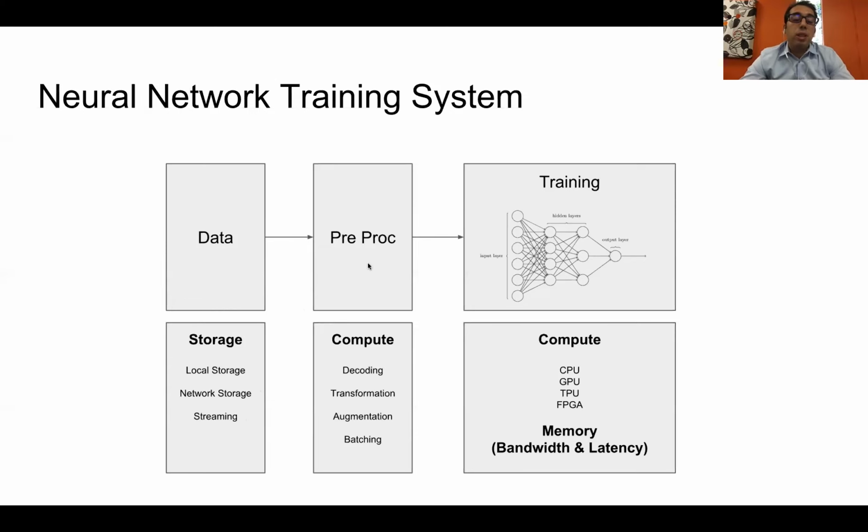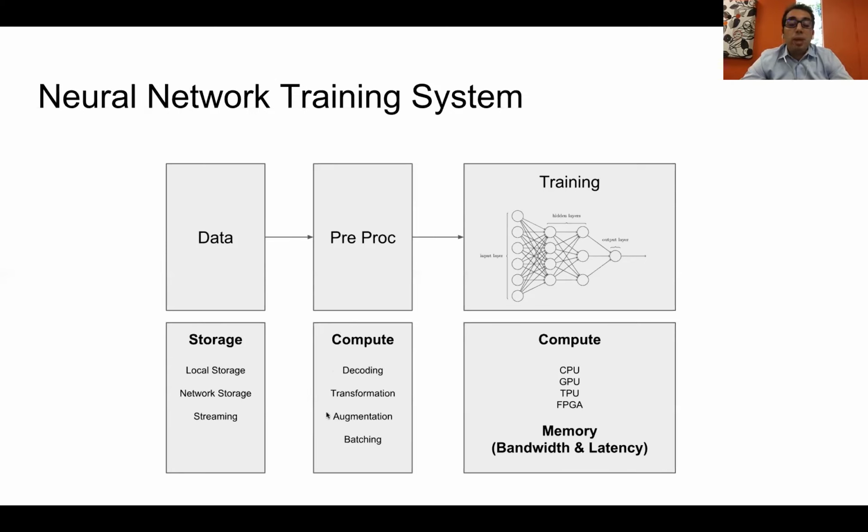The pre-processing is a very flexible part of the neural network. Different use cases require different pre-processing steps, but usually it consists of decoding. If you have images or audio, you have to decode it to some matrix format. Then you transform that. If there are images, you may want to normalize them, or audio the same.